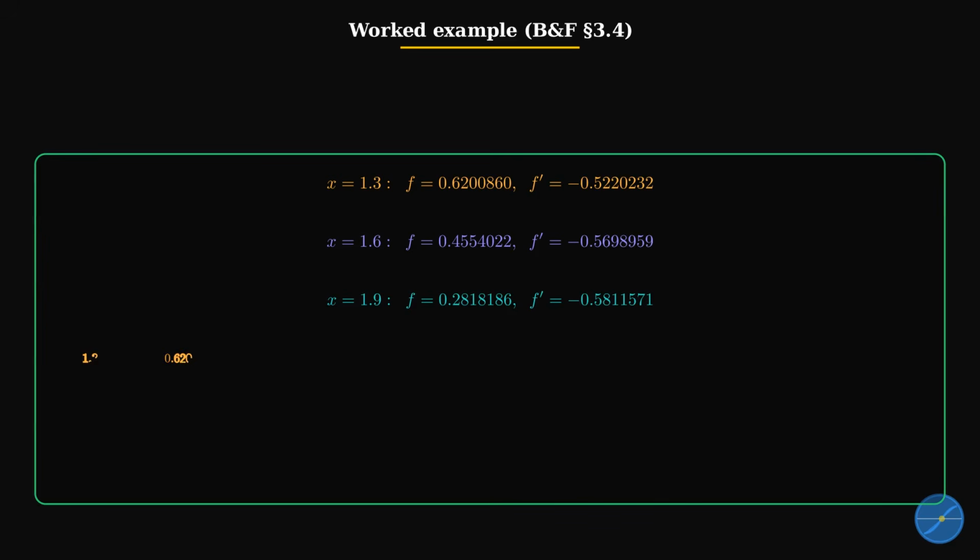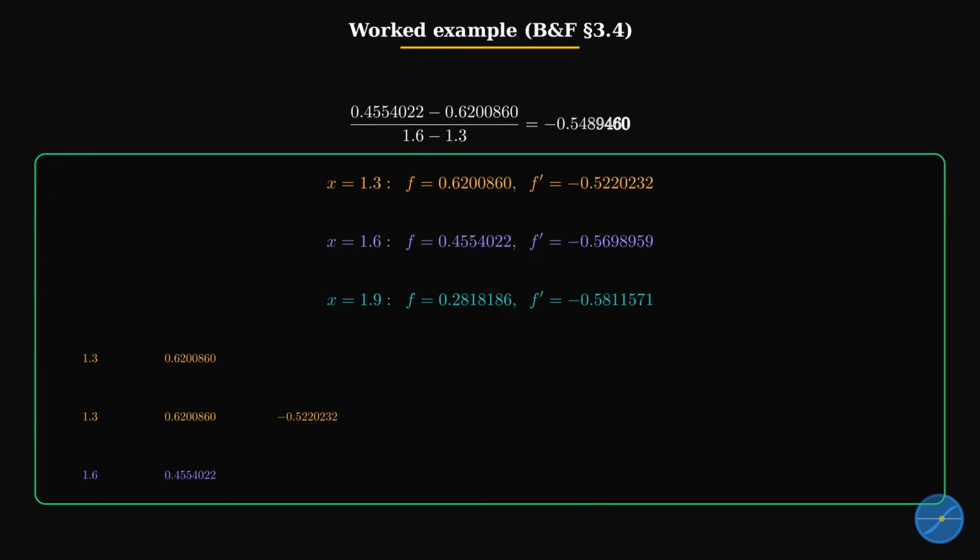A 6-row table. First row 1.3, value 0.62000860. 1.3 again, and the repeated point takes its slope, minus 0.5220232. 1.6, value 0.4554022.